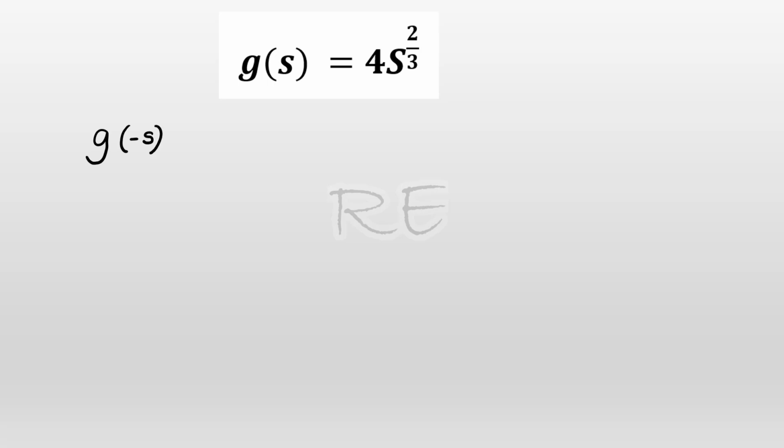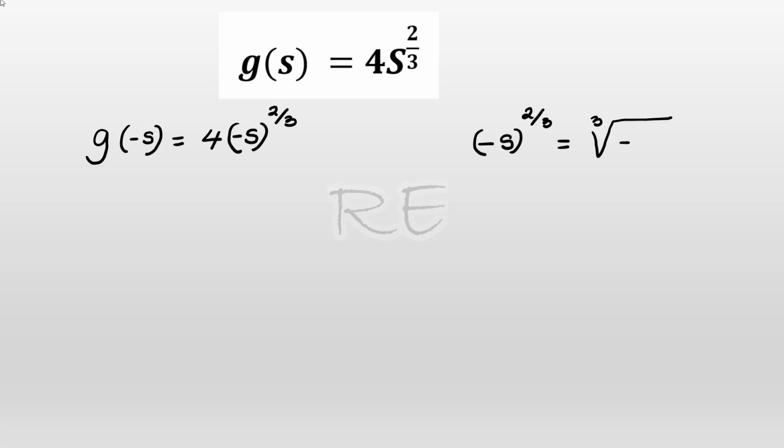We're going to look for g(-s), which is equal to 4 times, between parentheses, (-s)^(2/3). To show that this is even, we're going to transform (-s)^(2/3), the fractional exponent, into a radical.